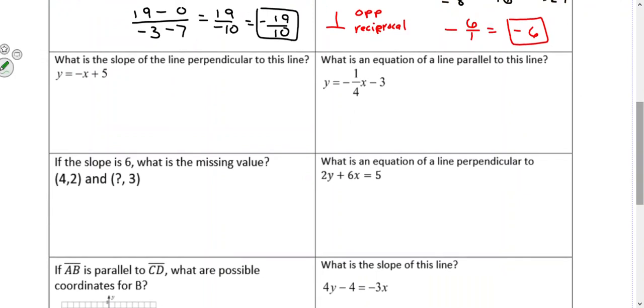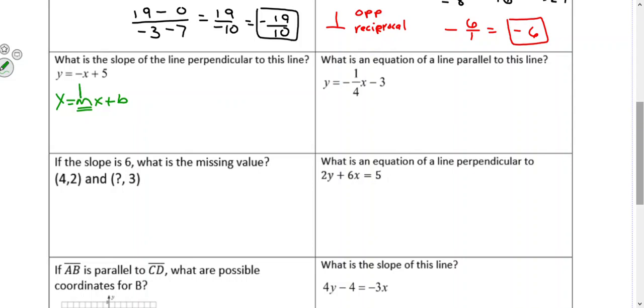Now we're asked to find the perpendicular slope, and we aren't given an ordered pair or a graph. Now we're just given it as an equation. Fortunately, we're given it in slope-intercept form, y equals mx plus b. We know that the m, or the coefficient of x, is our slope.